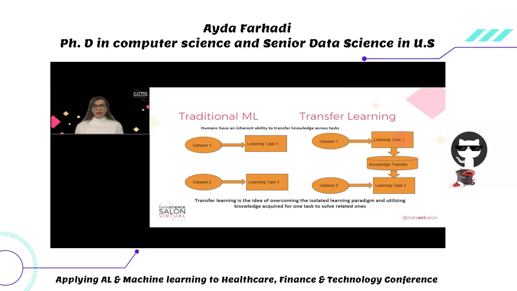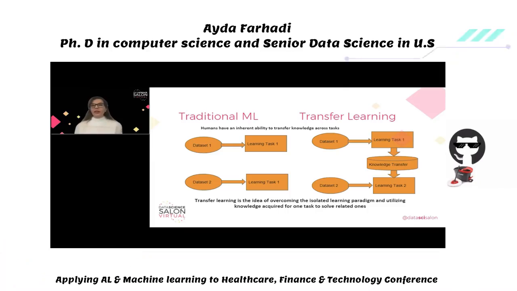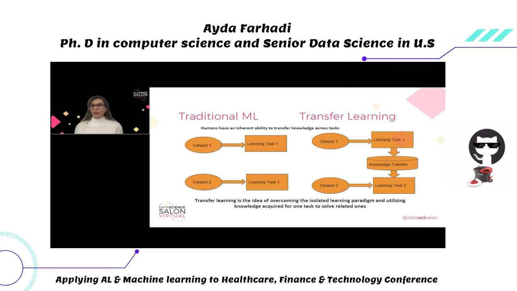However, transfer learning makes it more possible because we do not need that huge data set. We can just utilize the model that is already pre-trained on big data and customize that on the smaller data that is available to us.